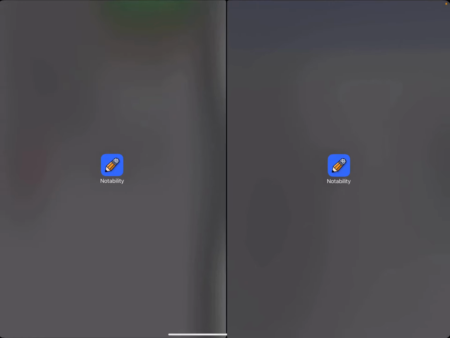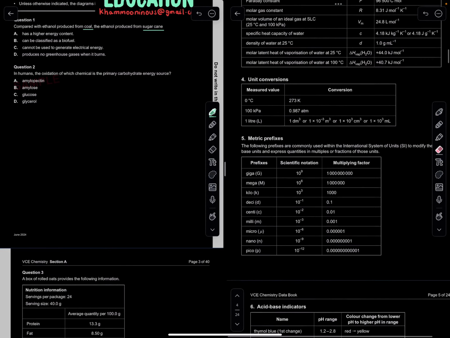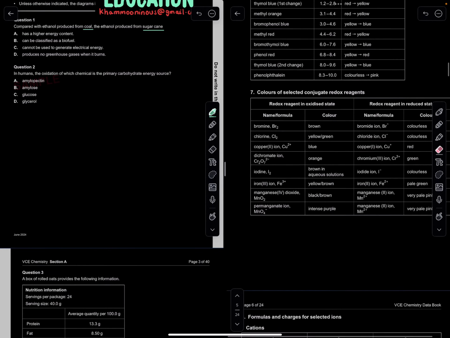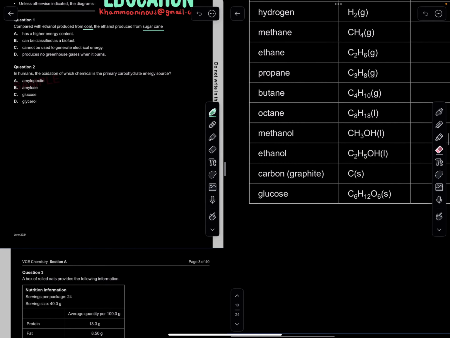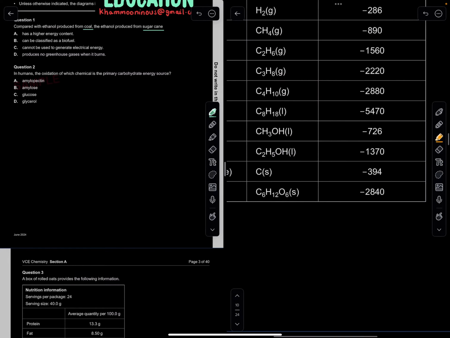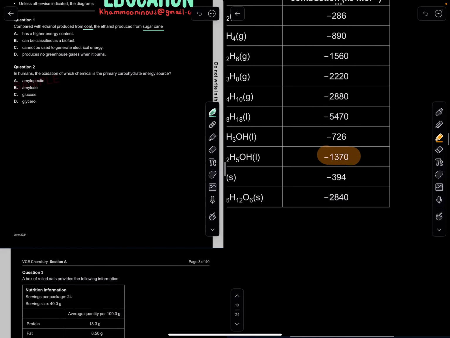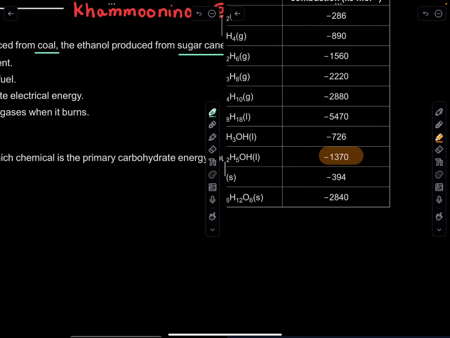So if I go to my data book, let's go down to ethanol. Here it is. This ethanol is basically pure ethanol, produced from fossil fuels, and it has an energy content of this. Let's write that down. I'm going to write F, meaning fossil fuels.